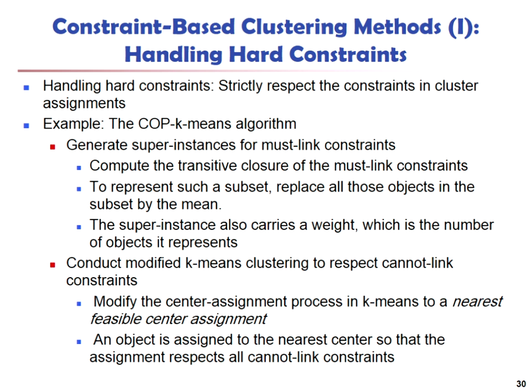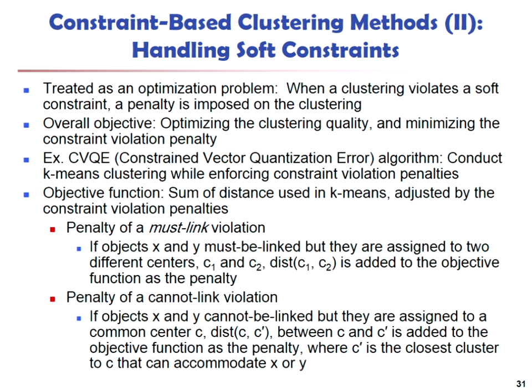So here we discussed two types of constraints, or two manners to resolve the problem of constraints. The first one, we consider the constraint as a hard one. For this case, we can use the k-means algorithm, or we can modify k-means by modifying the center assignment process. The second, we resolve constraints in another manner.